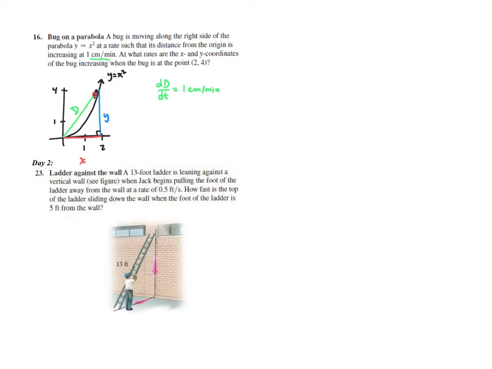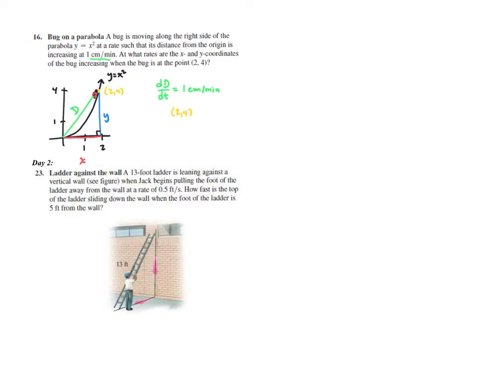At what rate are the x and y coordinates of the bug increasing when the bug is at the point (2,4)? So I've got my when. Here's my when. My when is the point (2,4), which is right at this point.